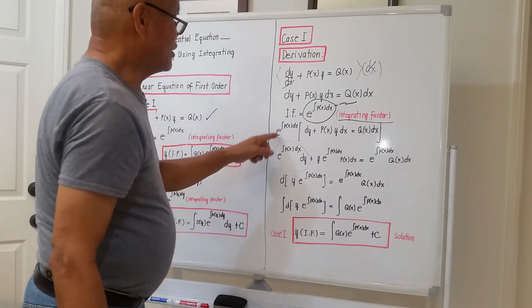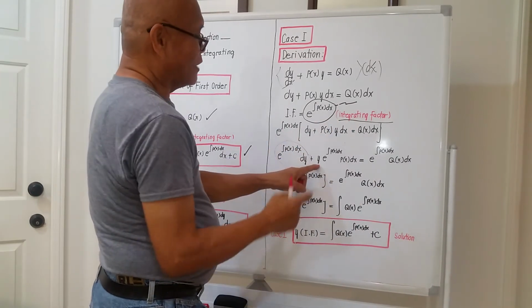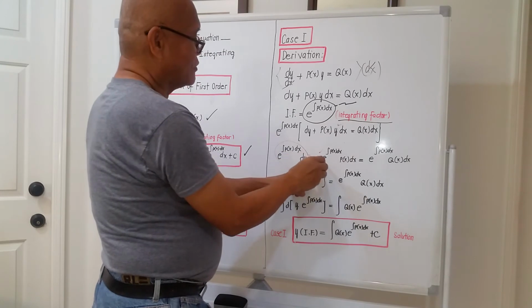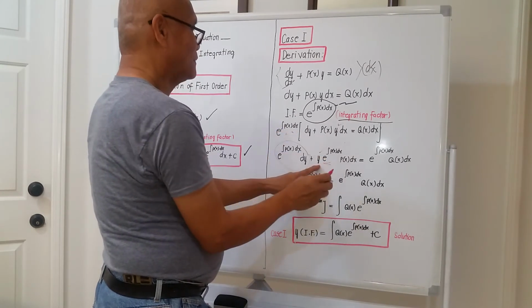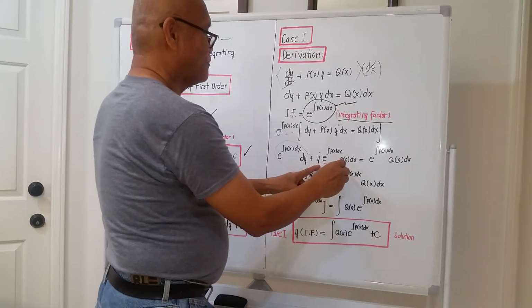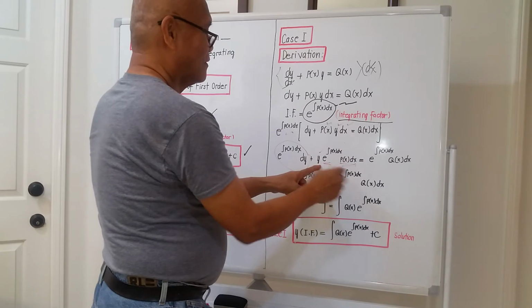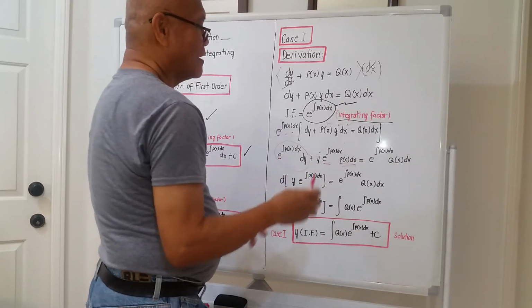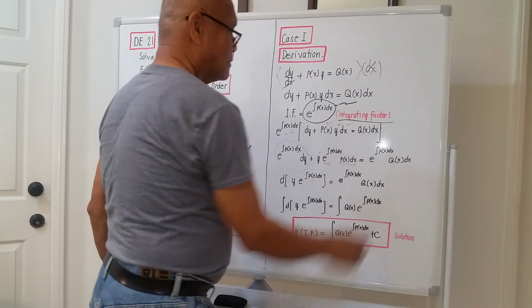The second expansion is the integrating factor times this. I just rearrange, going with the y first, times the integrating factor, times p of x dx. The right-hand side will be the integrating factor times q of x dx.